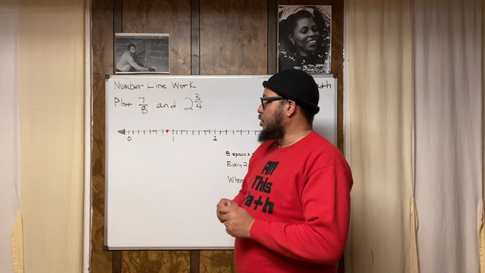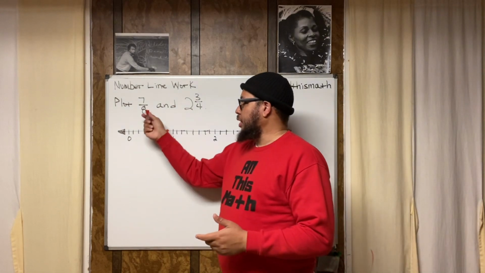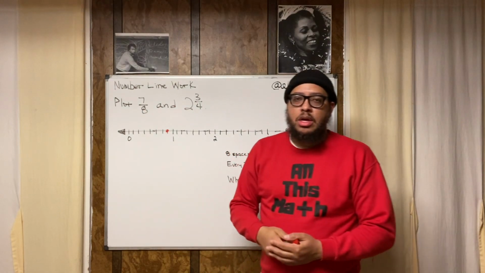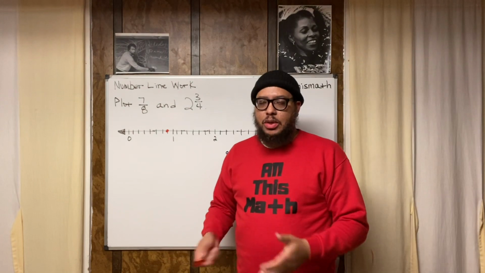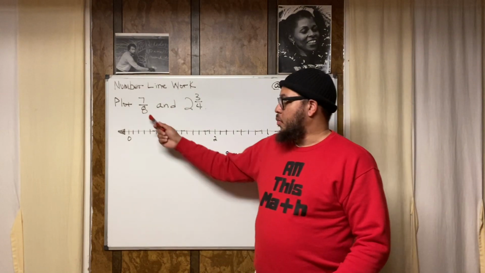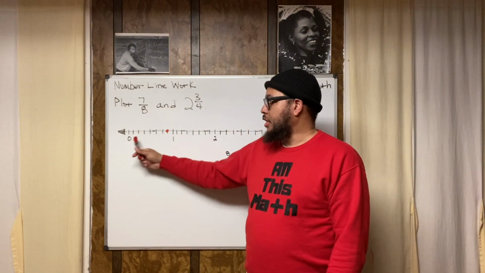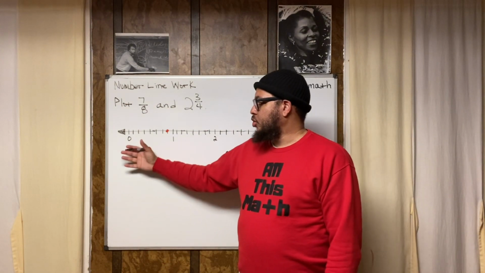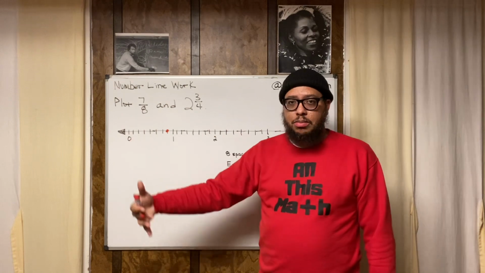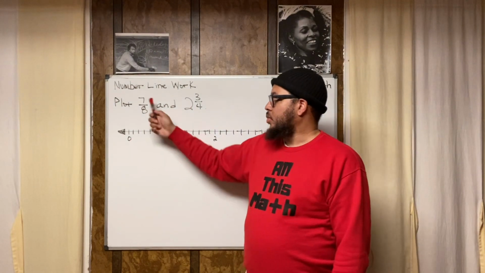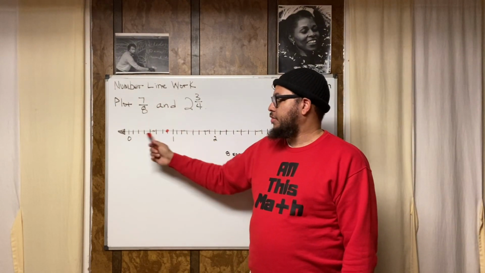So that's what you got to do to plot a fraction, right? You look at the denominator and ask what denomination am I working with? I'm working with eighths. This number line is broken up into whole numbers, and then the whole numbers are broken down into eighths. So all I got to do is count 7/8.